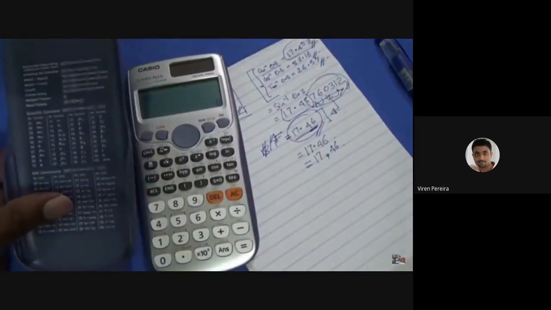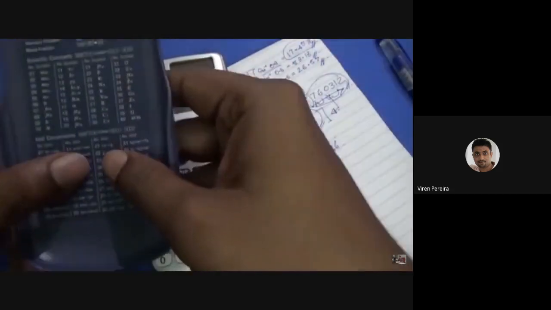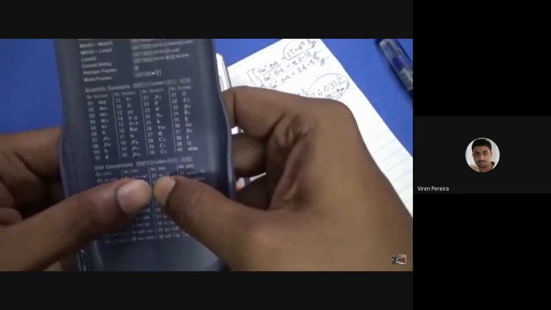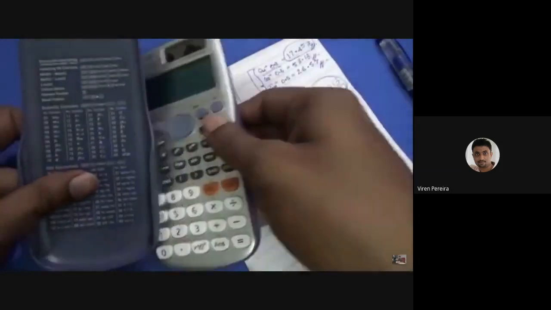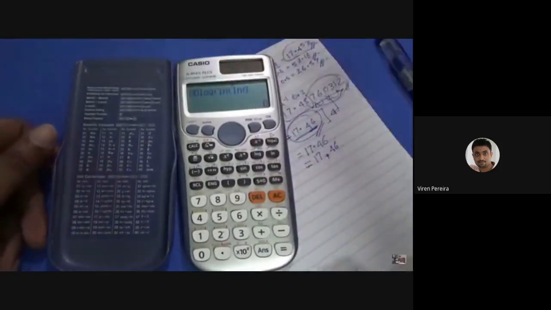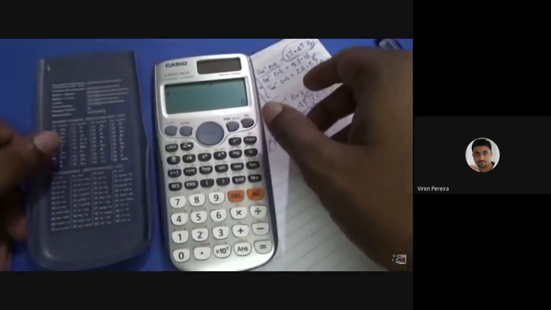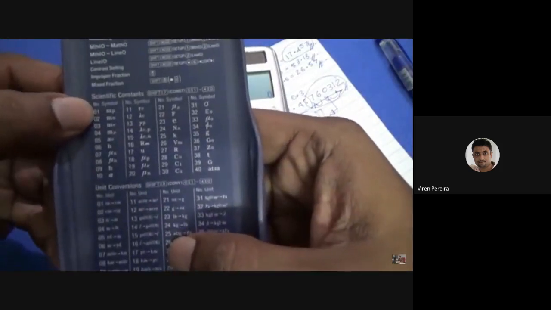Another function which you can use is your scientific constants. Now, you all might have known that physics and chemistry or other subjects dealing with applied sciences have a lot of constants, and it basically becomes very difficult to remember all these constants. But your scientific calculator makes this easy. I hope you can see this, you have your scientific constants written here.